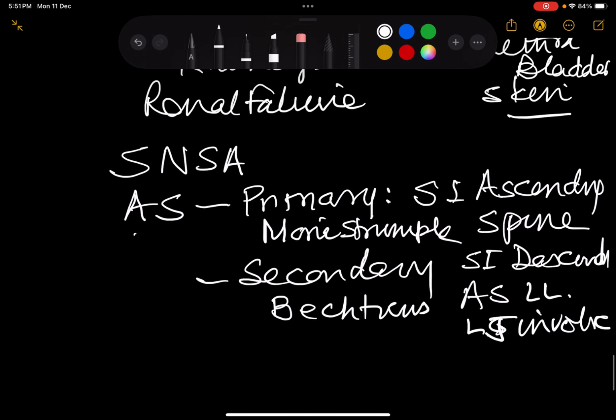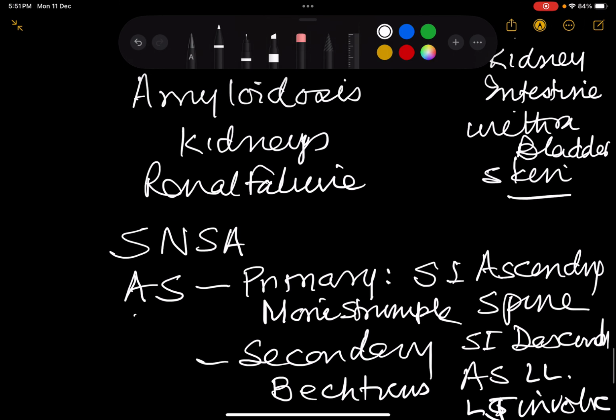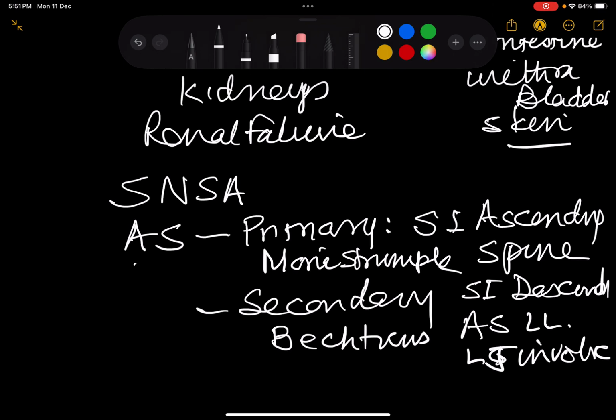So this is the ankylosing spondylitis, which can be primary or secondary.